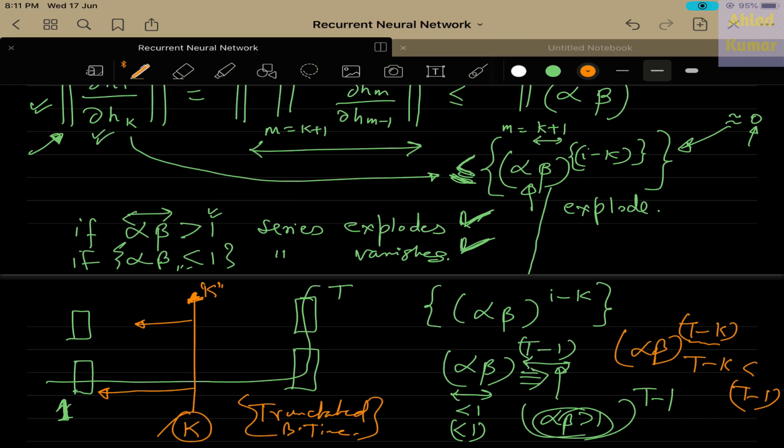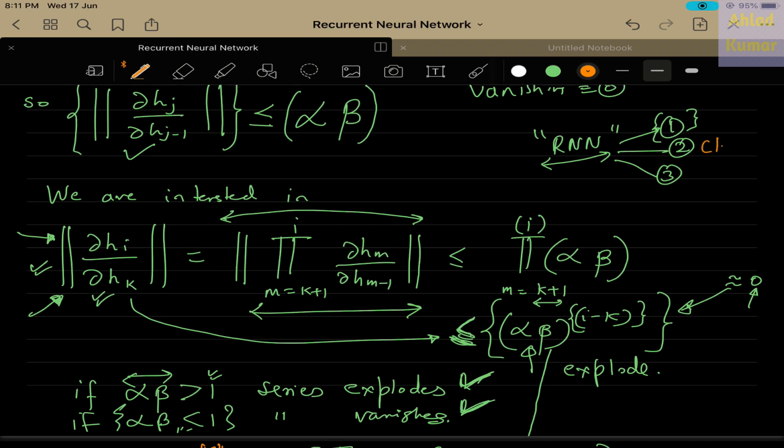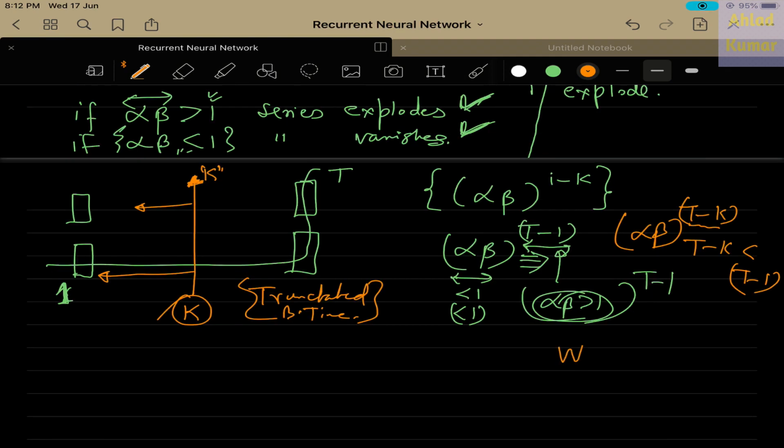The second way of avoiding the problem of vanishing gradients is using the approach of clipping. In the clipping approach, as you know, we are interested in the direction of the derivatives, that is partial L with respect to partial W. So we are interested in the direction in which it is moving.